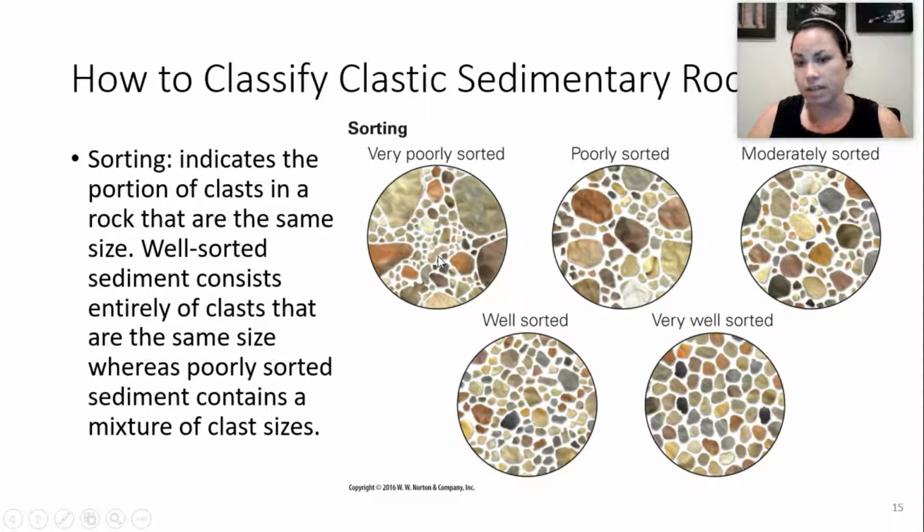And in contrast, if we look at a very well-sorted one, all of the clasts are about the same size. And then we have different levels in between: poorly sorted, moderately sorted, well-sorted. This is a way that we'd be able to describe how well the clasts are sized relative to each other. And these different sortings can tell us about how and at what time they're deposited.